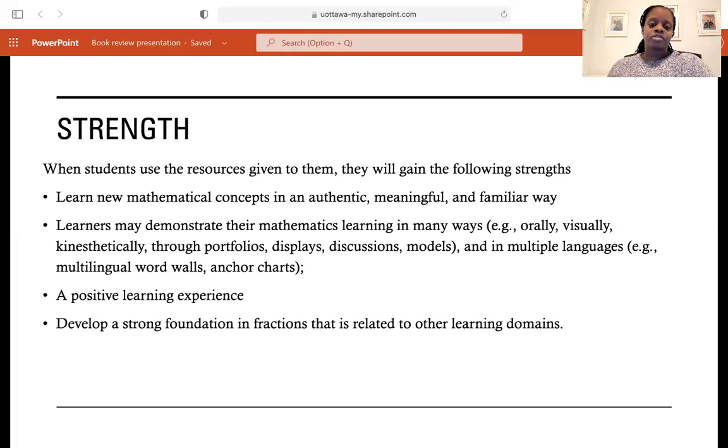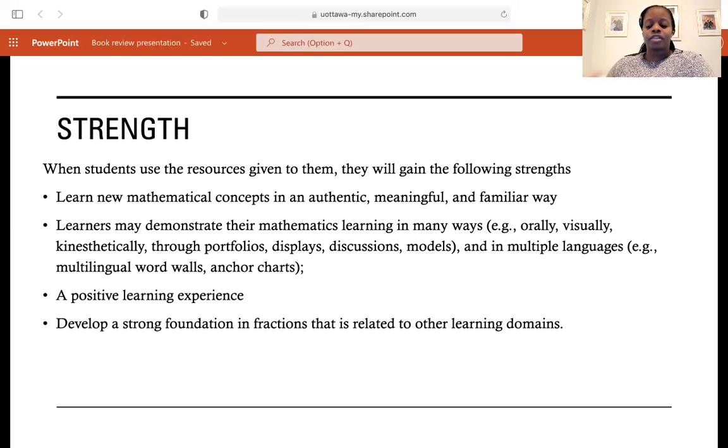Learners may demonstrate their mathematical learning in many ways. They can demonstrate it orally, visually, kinesthetically, through portfolios, display, discussion, and modeling. So it's important to teach modeling, to encourage discussion, and to have anchor charts and a word wall up.